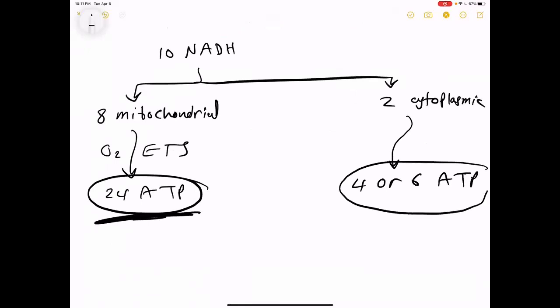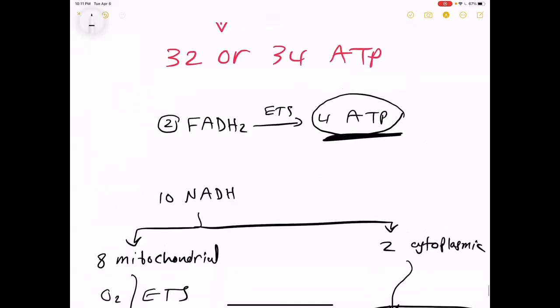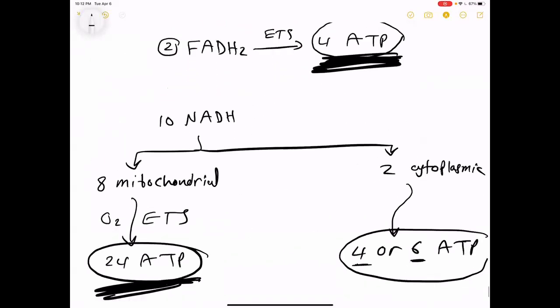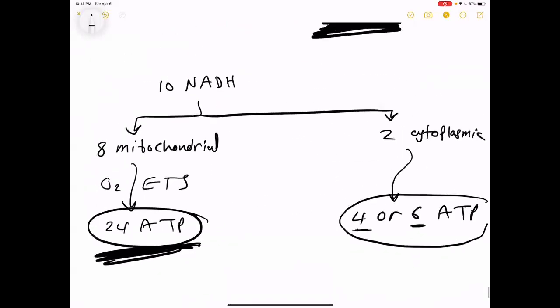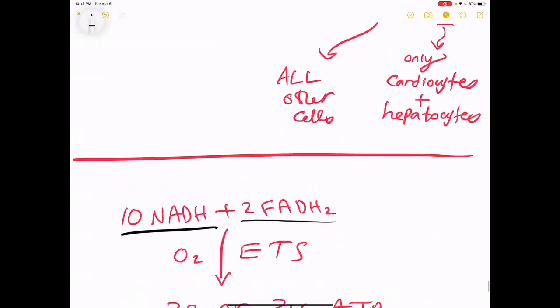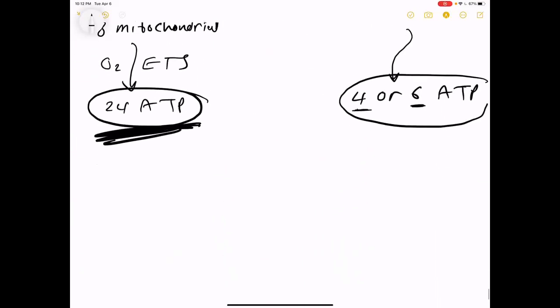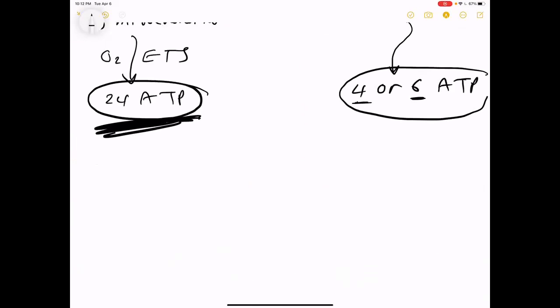Add them up. You have 4 and 24, that's 28. 28 and 4, 32 or 34. That's it, they add up. We still did not do the electron transport system, but I'm showing you how the numbers add up.